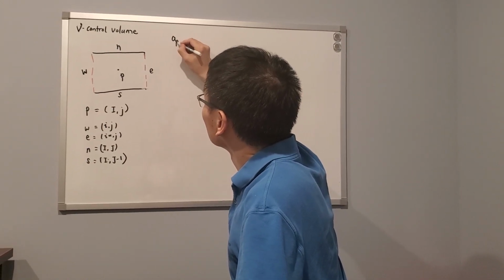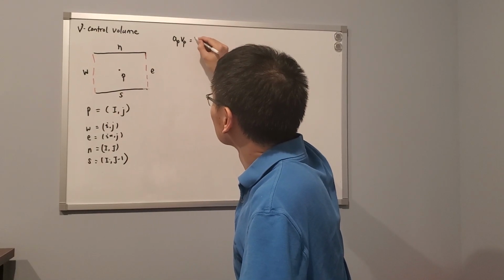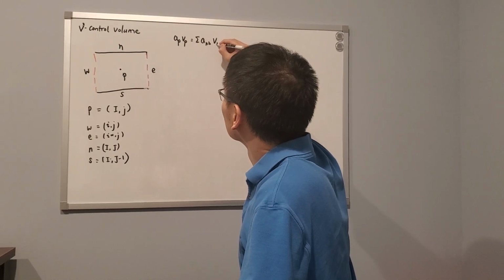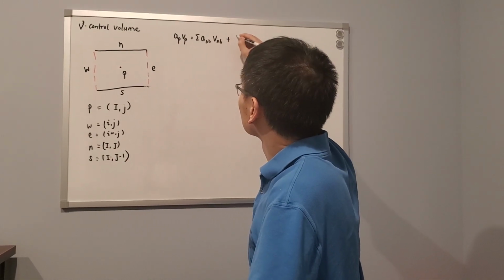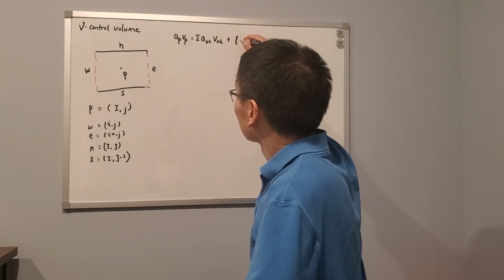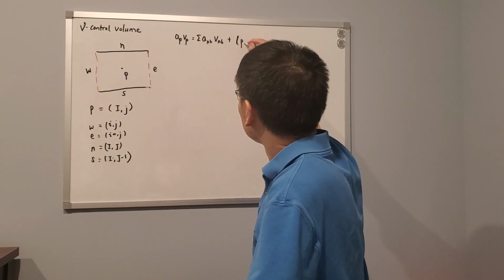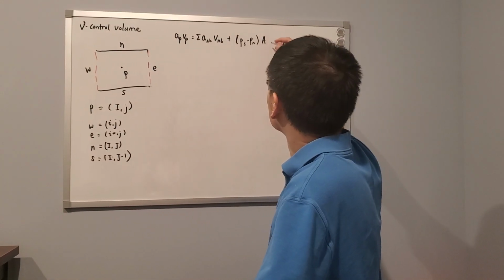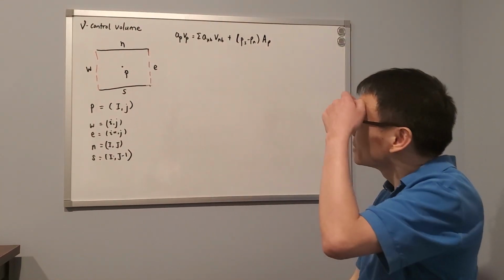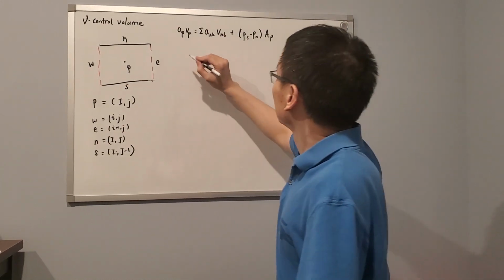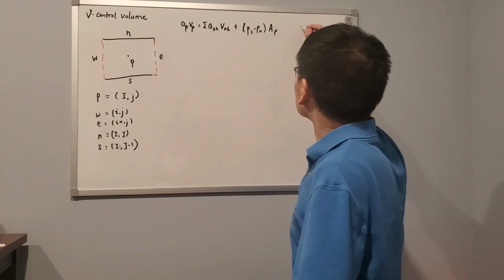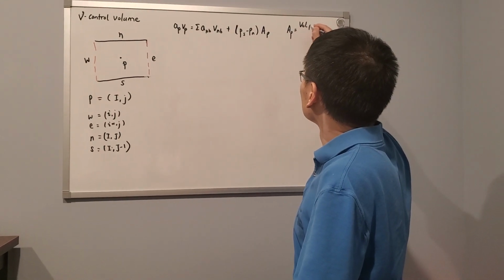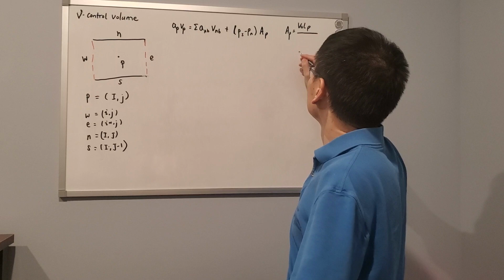So we have AP VP is the summation of A neighbor V neighbor plus the product of PS minus PN times AP. Okay, so here AP will be, if I denote AP, the volume of the cell divided by the delta Y.